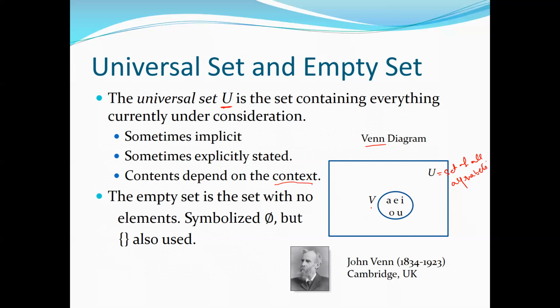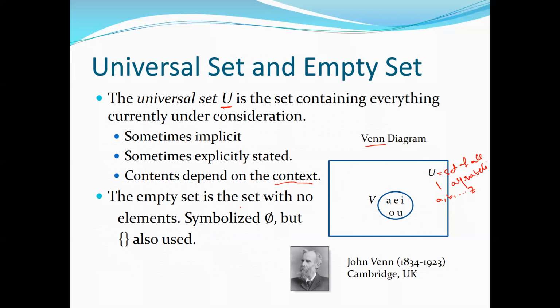And V is the set inside this universal set, that is the set of vowels. So U contains all the elements A, B up to Z, and among this universal set, we have a set V, that is the set of vowels. So the universal set for the vowel set is the set of alphabets, right?